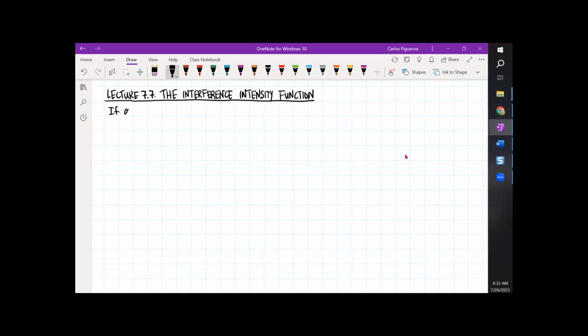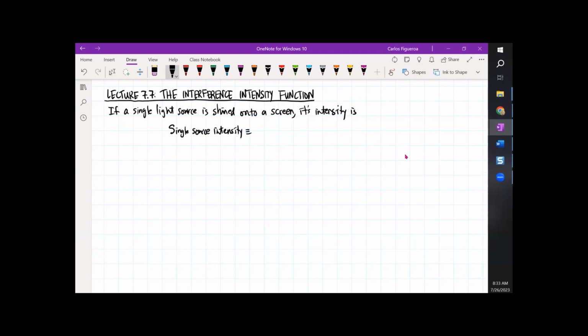If a single light source is shined onto a screen, its intensity is, so I'm going to call this a single source intensity.